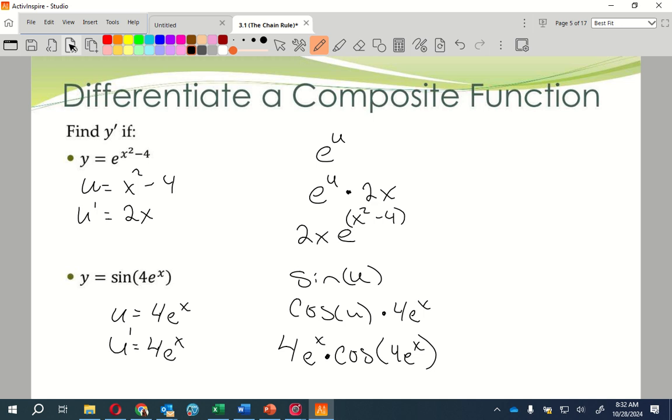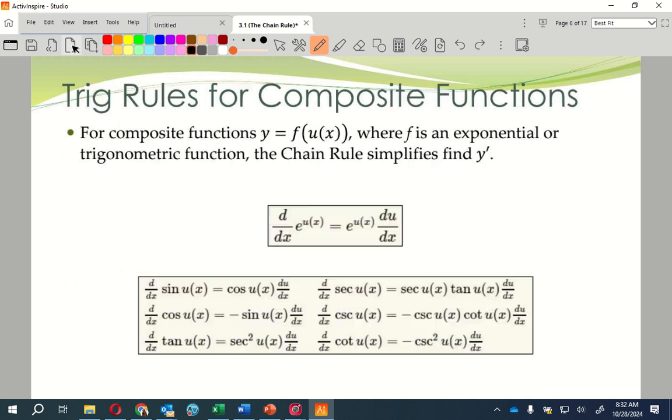So we're going to start combining rules together. This would be a product, so this would be my F, this would be my G. All this is G, and if I were to take the derivative of this, I would do the chain rule to get that derivative. I think we actually do have one of those coming up here.